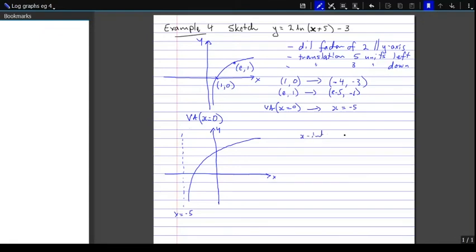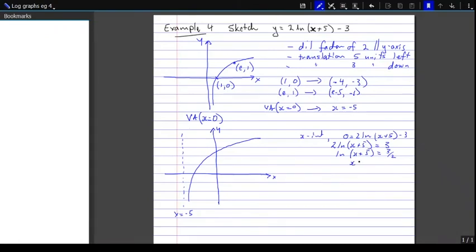X-intercept when y equals 0. So we'll have 0 equals 2 times the natural log of (x plus 5) minus 3, and then rearranging that, we have 2 times the natural log of (x plus 5) equals positive 3, and then the natural log of (x plus 5) will equal 3 over 2.